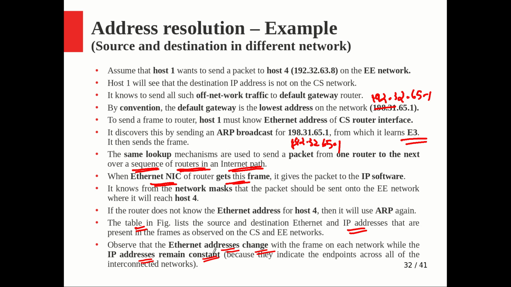Once you look at a particular hop, the Ethernet source address and destination address are on the two ends of that particular hop only, and again for another hop, say from this machine to this machine in between two routers. So from this hop to this hop, E1, E2 will act. This is the source Ethernet, this is the destination Ethernet. Again from here to here it is E2 and E3, from here to here it will be E3 and E4, something like this. If it is a router, then E2 and E3 will be assumed for the two interfaces. Then it will be E4 and E5, and then E6, like that. Okay, hope it is clear.